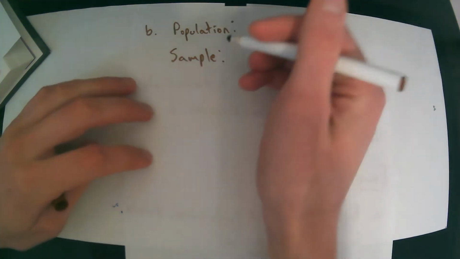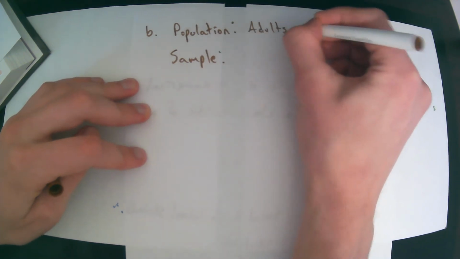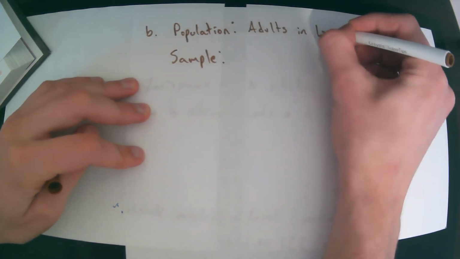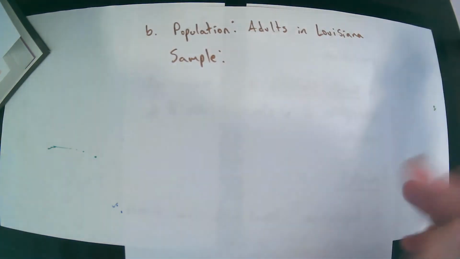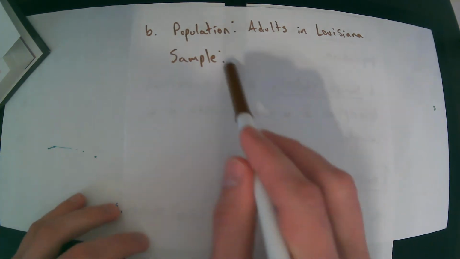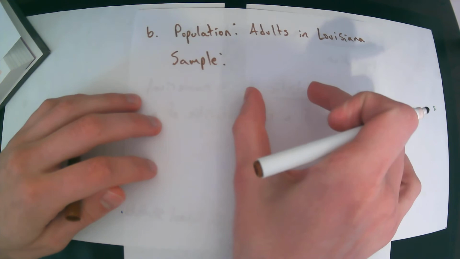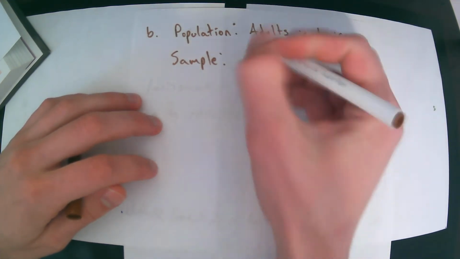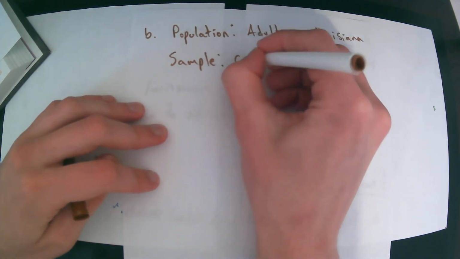Okay, so the broader population is adults in Louisiana. That's what we have to pull from this. The broader population that they're surveying, the group that this sample belongs to in a broader sense. Okay, so the sample, that smaller group that belongs to adults in Louisiana, is the people who were surveyed in the mall, which was the 618.